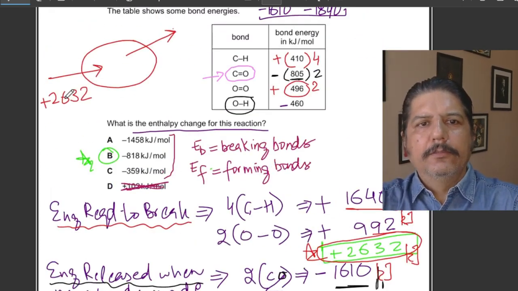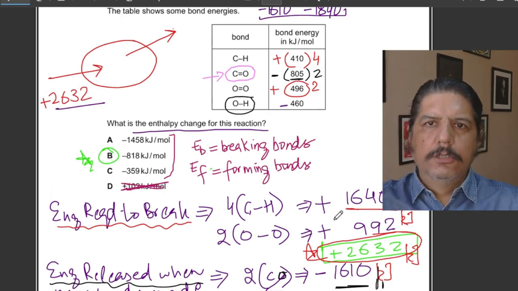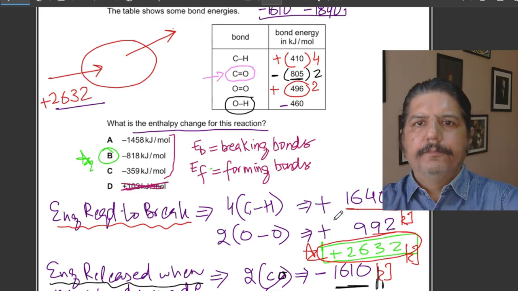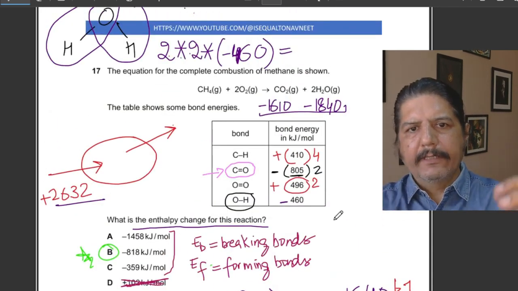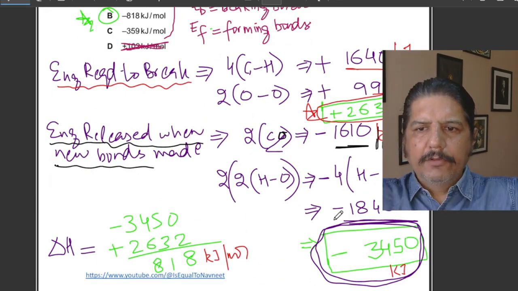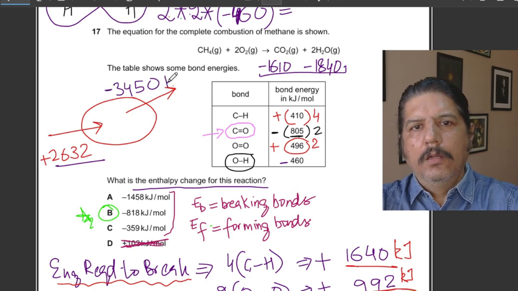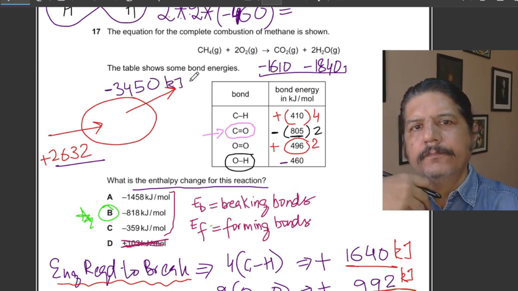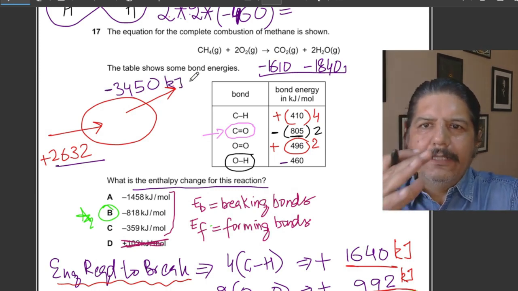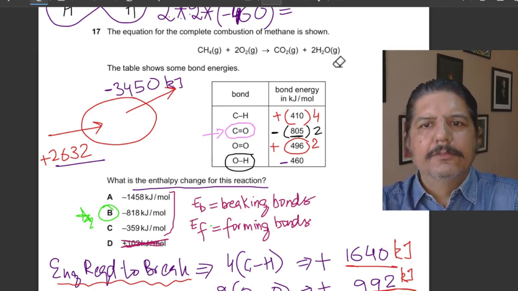So in our system, 2632 was the energy required to break the bonds of the reactants. And when the products are formed, minus 3450 kilojoules of energy is released. So, as we had predicted, net energy is released in the system.